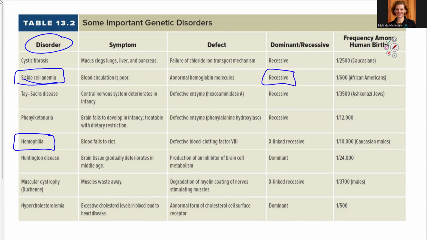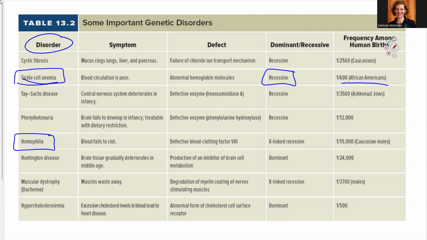It's a very common disorder, and it does have some benefits, in that it helps reduce the prevalence of death from malaria if you're infected with malaria. The sickling of the cells has actually been conserved in areas with high malaria outbreaks, so some African regions.